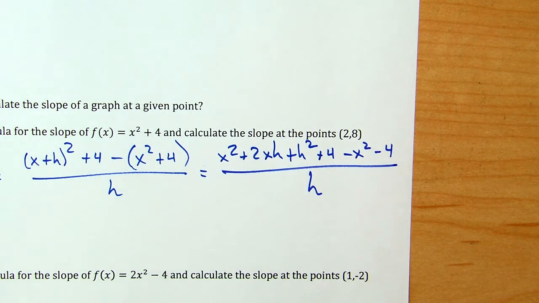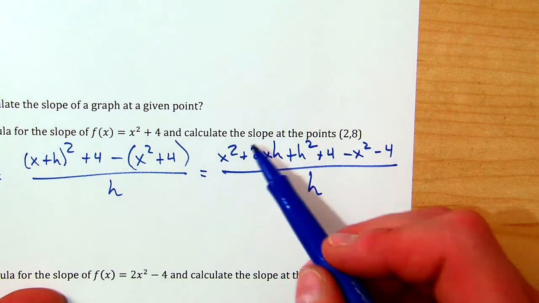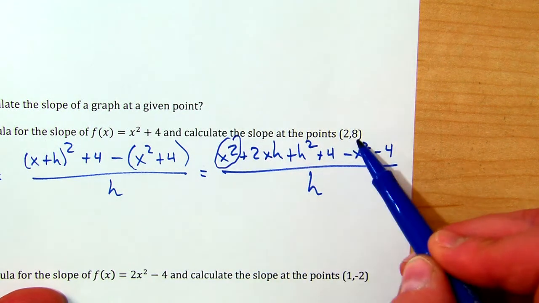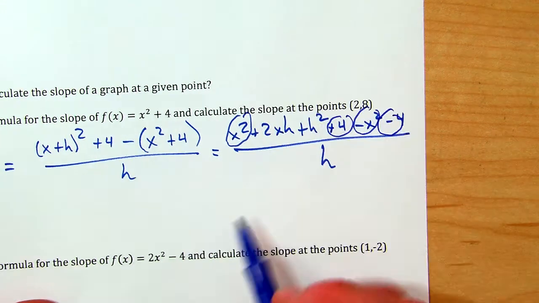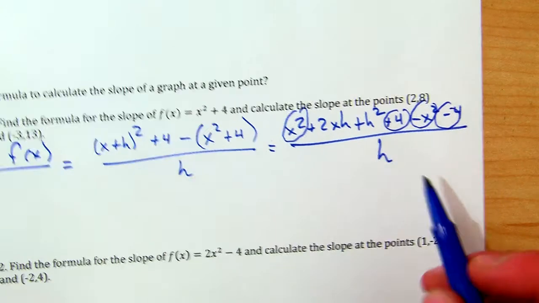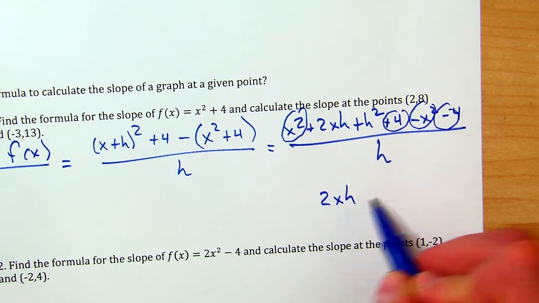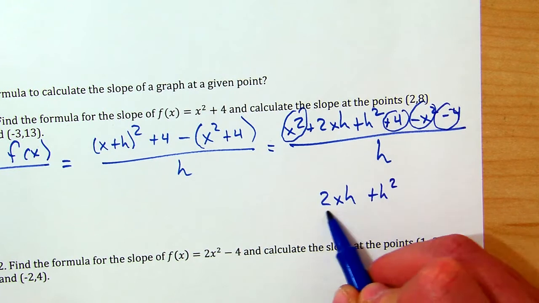Let's take a second and circle all the terms that cancel out. Here's an x squared, here's a negative x squared, here's a positive 4, here's a negative 4. So what it really boils down to is 2xh plus h squared over h.